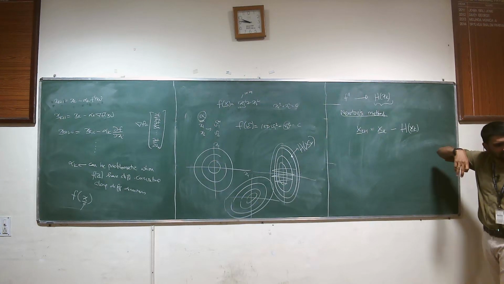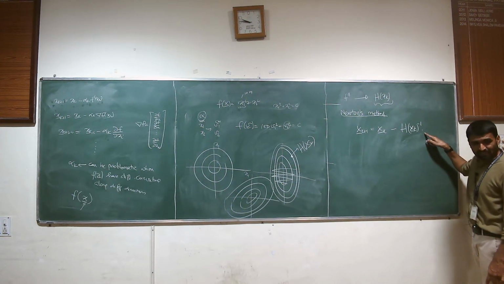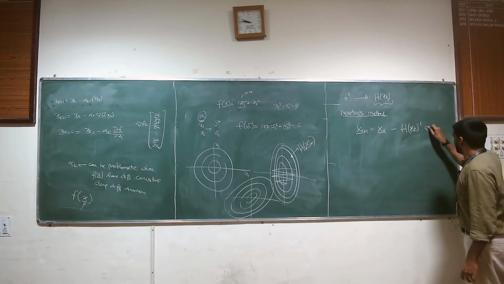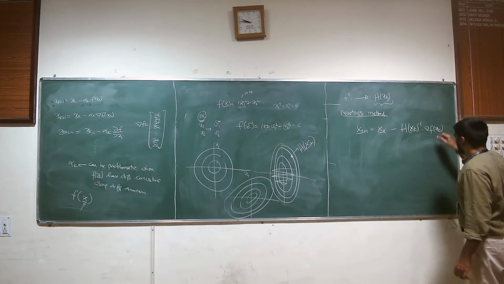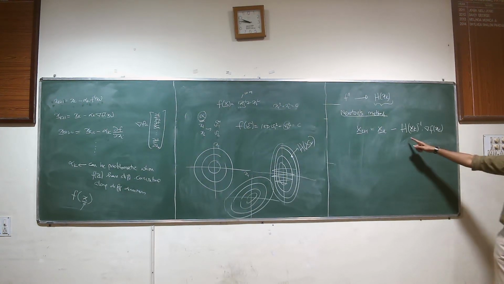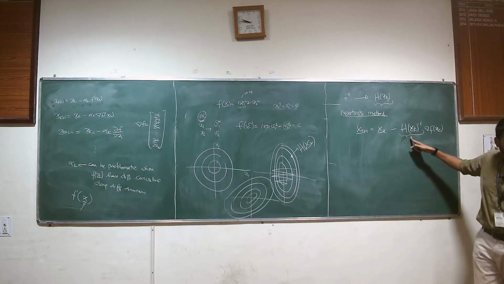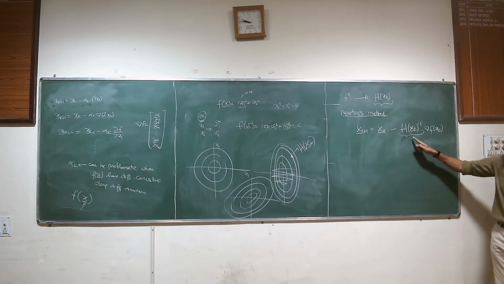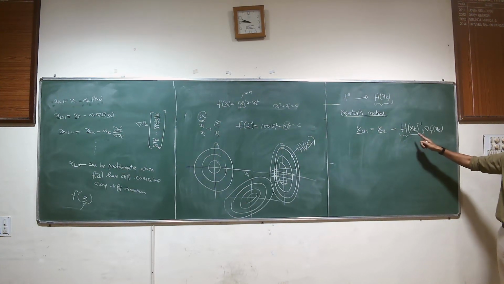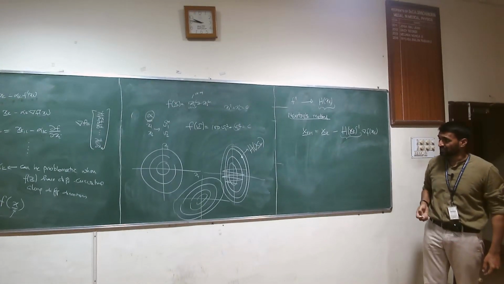F double dash was in the denominator. You take that. What is f dash in this case? In the multivariate case, it's simply this. That's your Newton's method. And all you've done here is, assuming this is the Hessian at that point, you've exactly accounted for the curvature of the function.